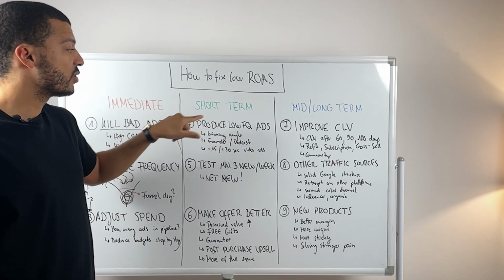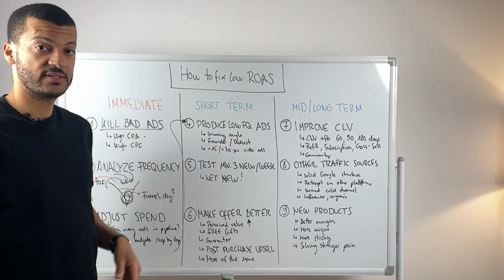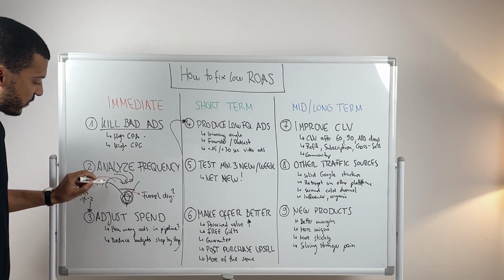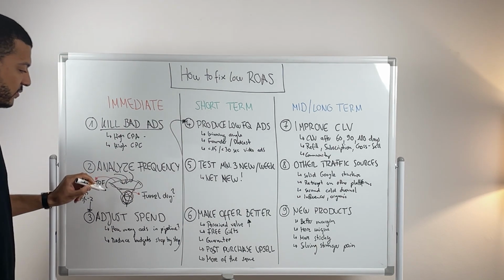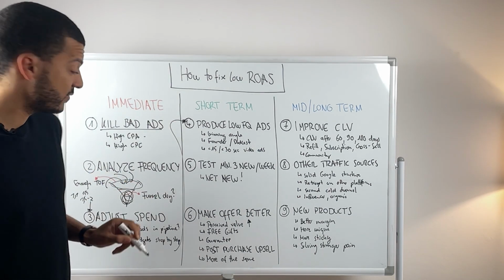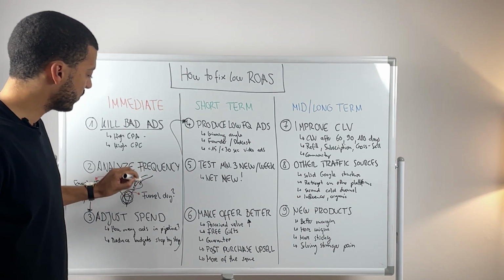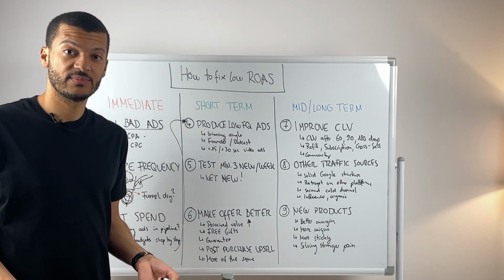We want to produce low frequency ad creatives, right? So this is, if you remember, what I talked about here, right? So we need to produce creatives that are able to constantly pull in new people and at the same time convert directly, right?